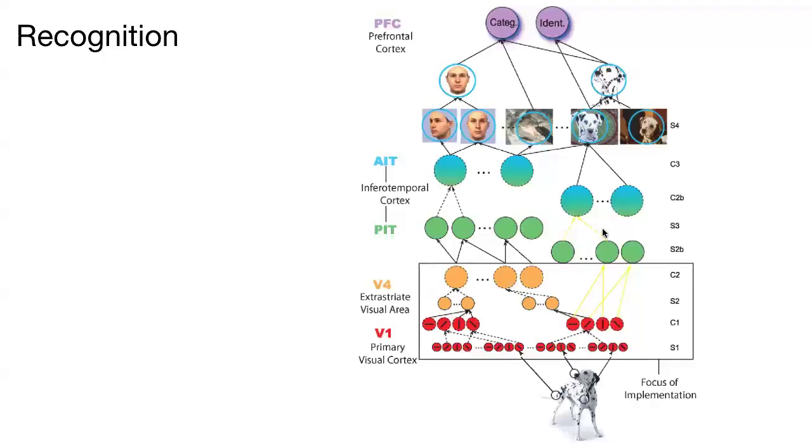Then you go up the hierarchy, and maybe those edges come together to form a shape. Those shapes come together to form a face, for example. So the way you get a cell responding to faces is through a cascade of detections that happen in an earlier layer. Those combine to become deeper and deeper, more complex processing.